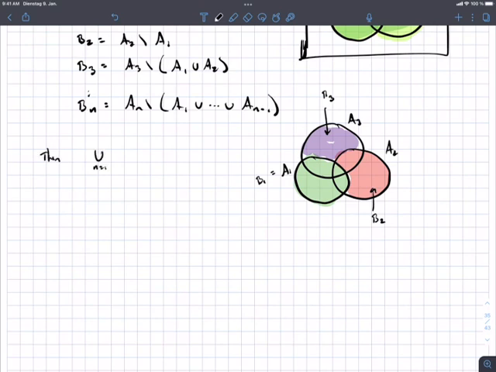Now we have that the union of all these A's can be expressed as the union of all these B's. So we still pick up everything by taking the union of the B's, and moreover, the B's are pairwise disjoint.